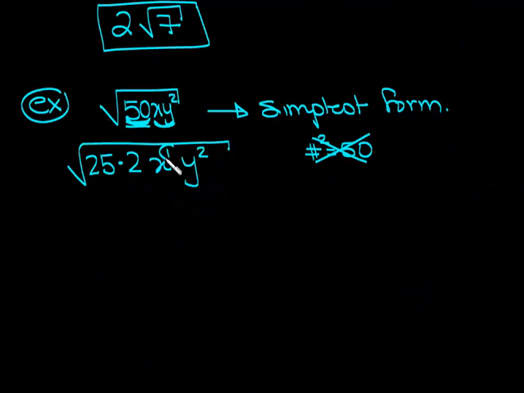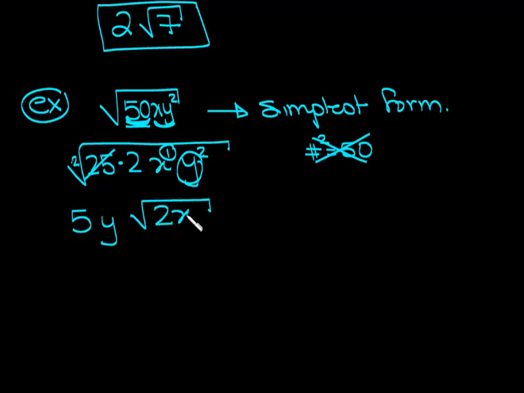Out here there's no way to make this 1 look like 2, so there's nothing I can do, but out here the power of y is already the same as the index, so that's good. So now let's simplify this radical. Square root of 25 is just 5, so we get 5, so that's done. Out here the power and the index are the same, so the base comes out, so we get y, and then we get square root of whatever is left.